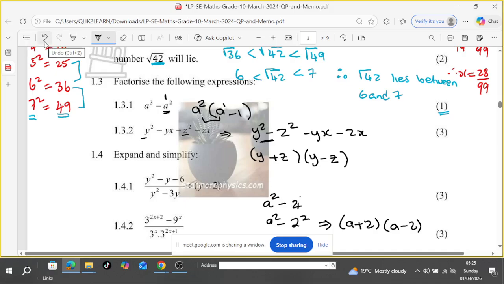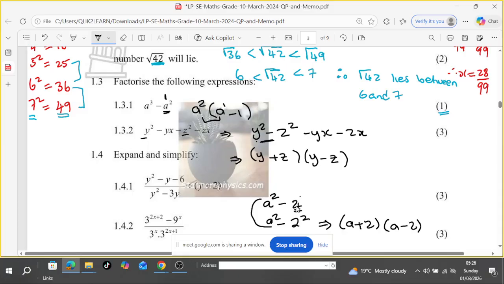Yes. Wait, is that a Z or a 2? No, for this example, it's Z is 2, but for this example, it's Z. Okay. I was just showing you how to do it if you have a number here. Where does the X go?